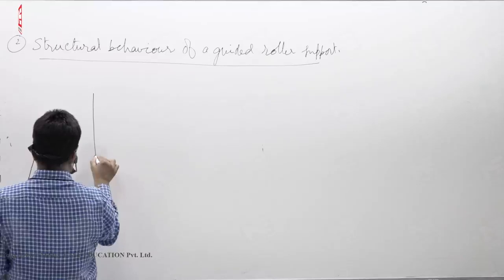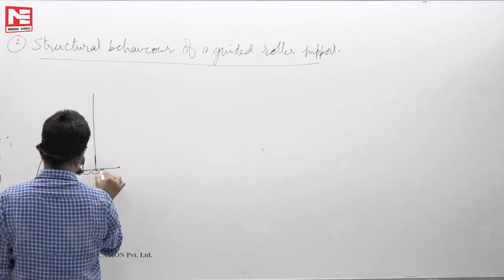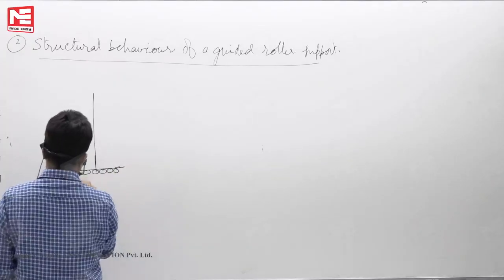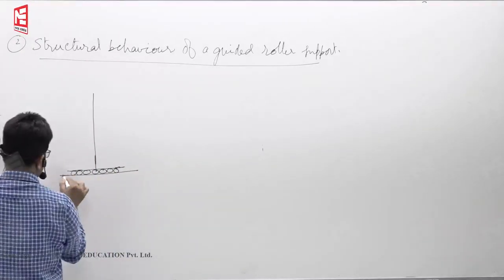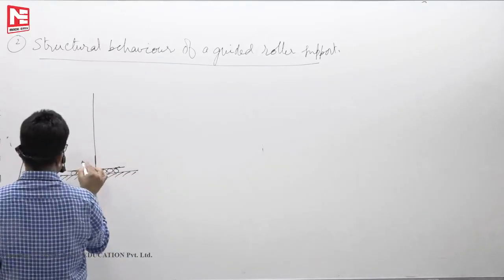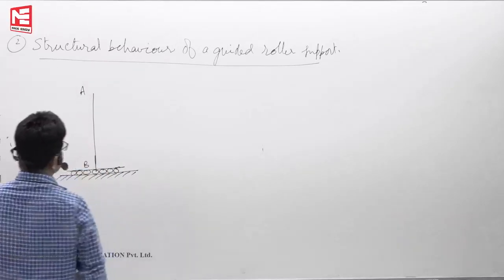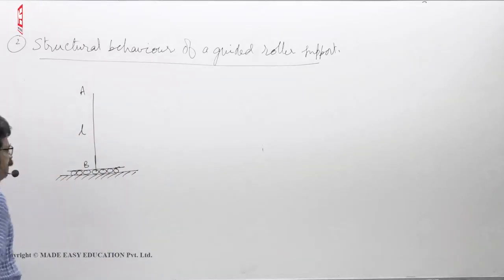Let us see, it can be this way or whatever direction we want, we can keep the roller. This point, let us say A, B. Some length L, let us say.